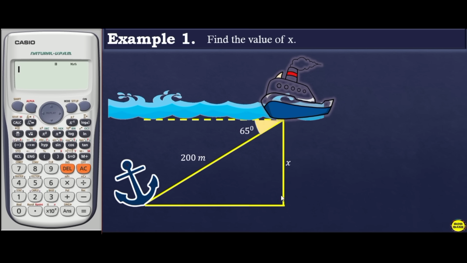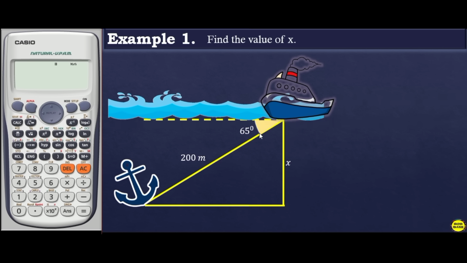Yun nga lang, hindi natin alam kung anong side ito, kung opposite ba siya or adjacent side. So, para makuha natin itong x, dapat ito yung triangle na isosolve natin. So, paano natin siya masosolve kung wala tayong angle? Now, ang gagawin natin, we can apply the concept of the alternate interior angles of parallel lines cut by transversal.